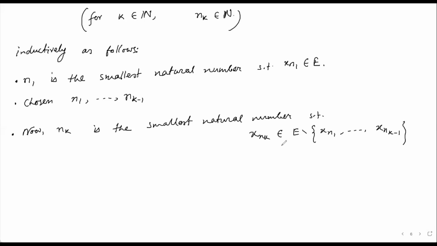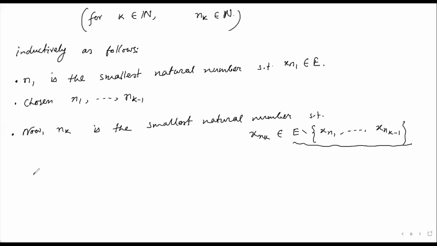Because E is an infinite set, if you remove finitely many elements from E, it will remain an infinite set. So in particular this is non-empty, so there exists x_{nk} belonging to this, where nk is the smallest natural number. In this way, we construct the sequence inductively.